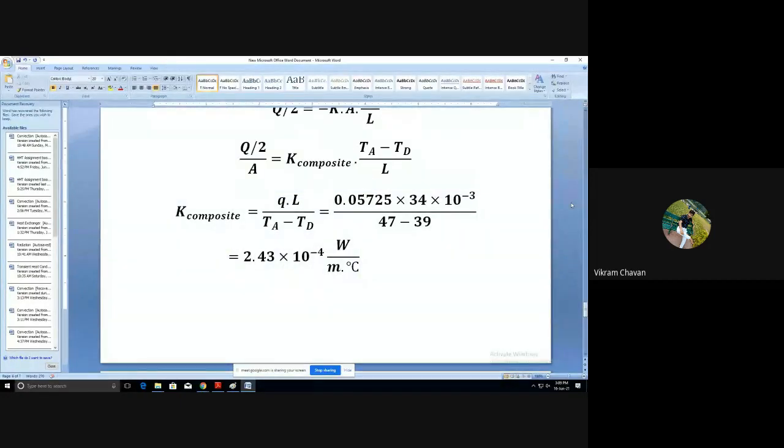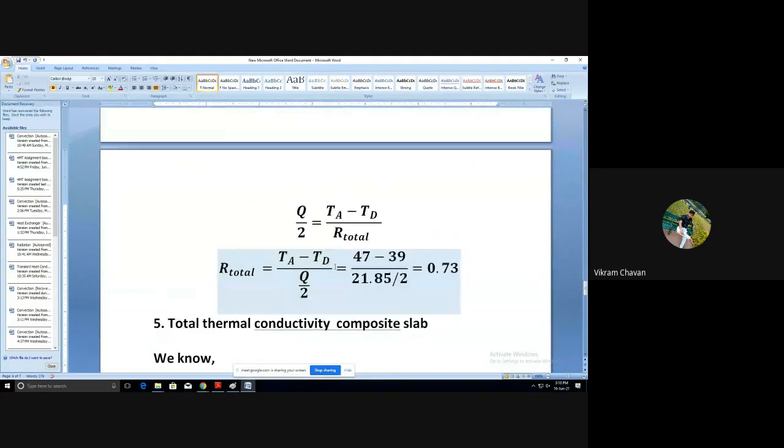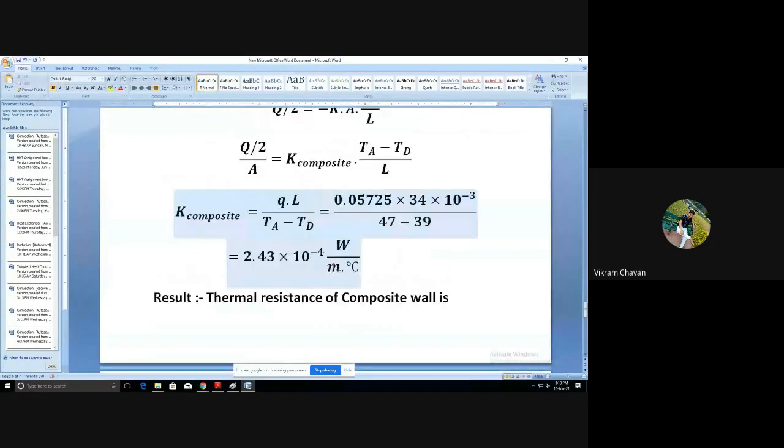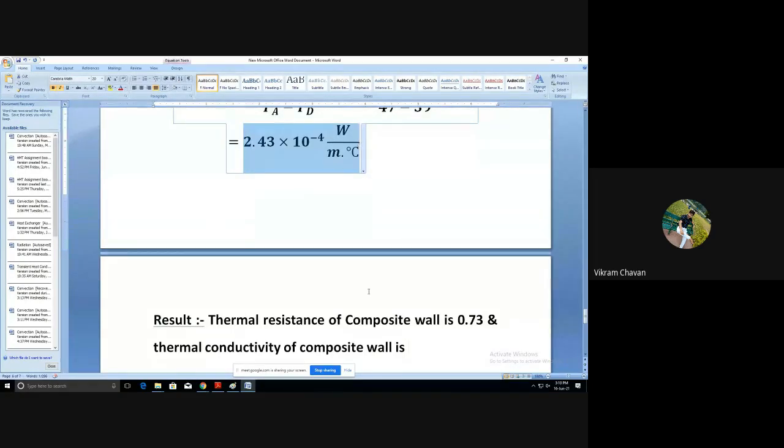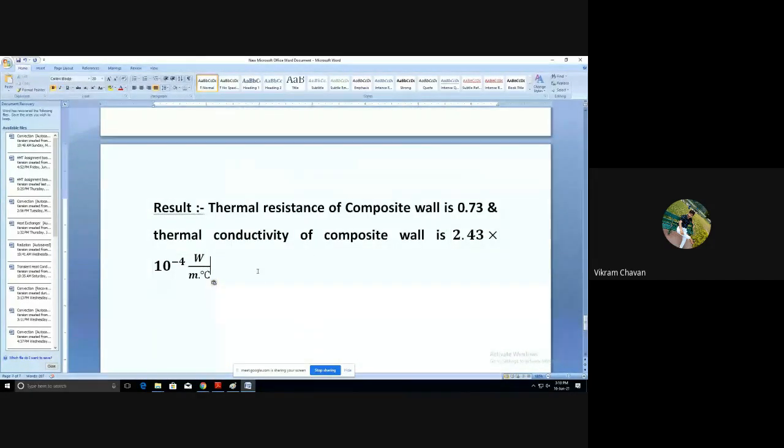And finally, you have to write the result: thermal resistance of composite wall is 0.73, and thermal conductivity of composite wall is, directly take this. Okay, so in this manner you have to write the result.